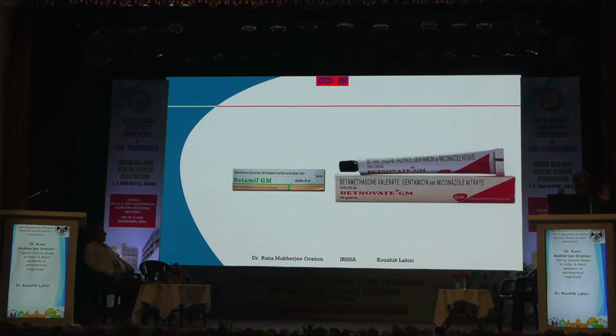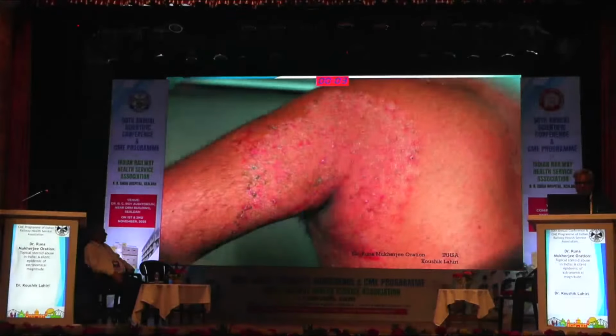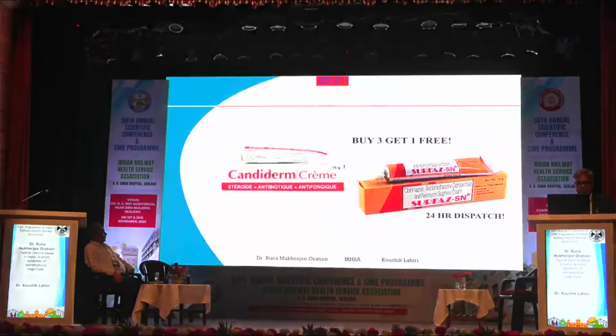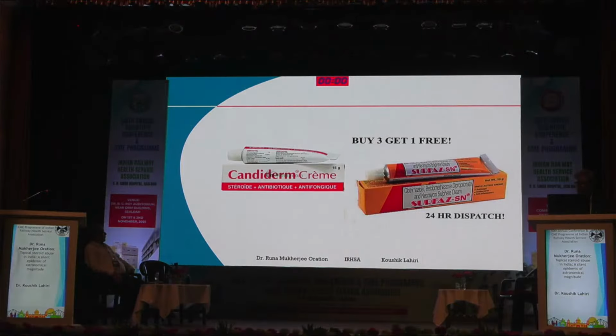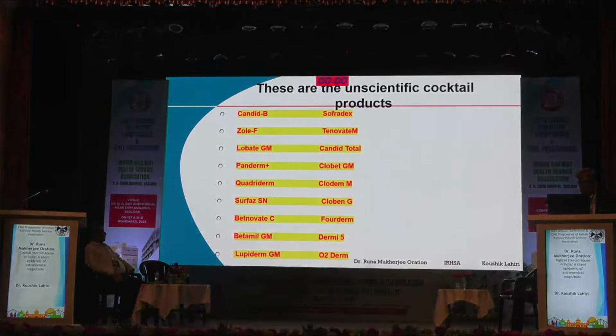Believe me, Betnovet GM is not available anywhere in the globe. It is produced by GSK, a global company. They are not allowed to produce Betnovet GM in the US or the UK, but they can sell it here. Candidama, Sarfagesen.